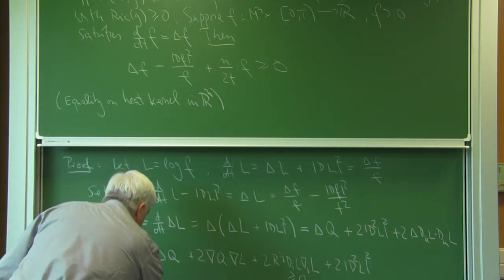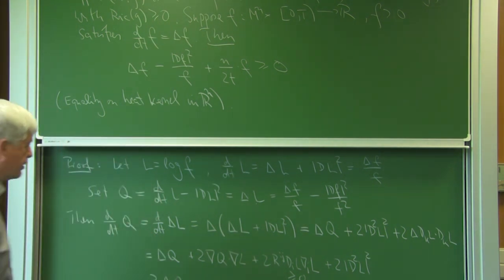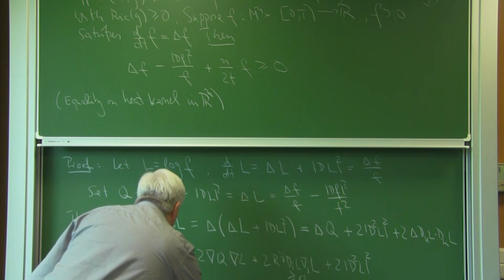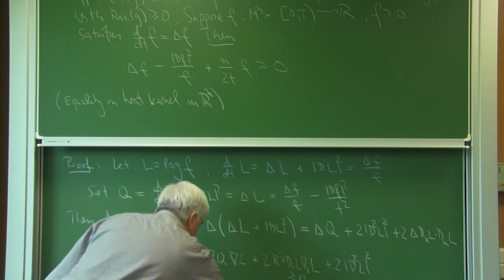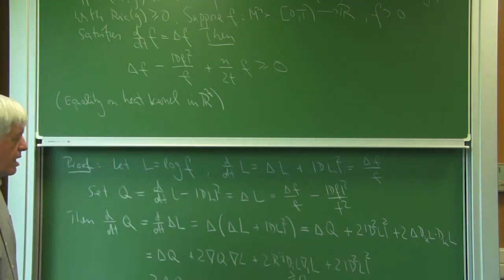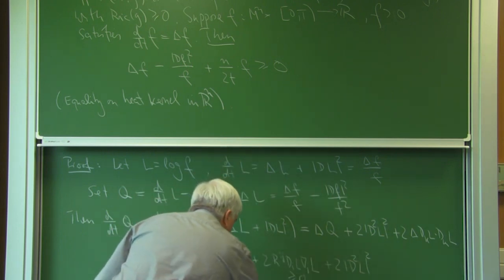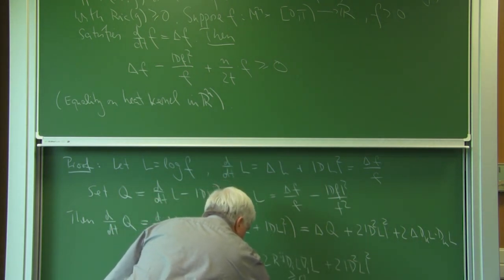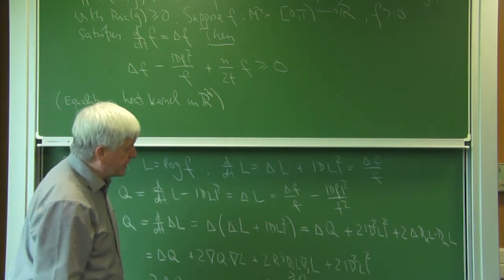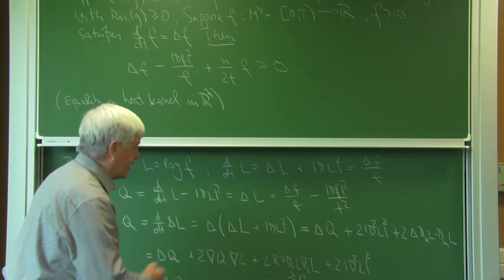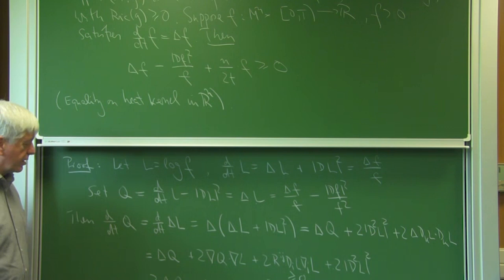And so I get that this is bounded below by the Laplacian of Q plus 2 times the gradient term, plus something bigger than 1 over n, we had this argument before, times the trace squared. But the trace of the Hessian of L is just the Laplacian of L. The Laplacian of L is Q. So we get Q squared on the right hand side. This is our ending point.